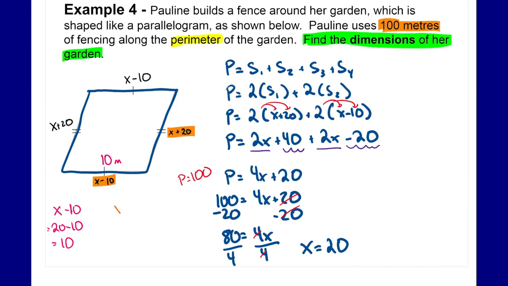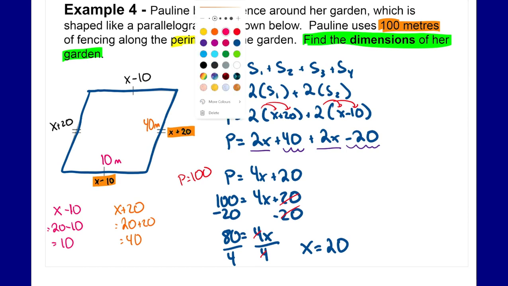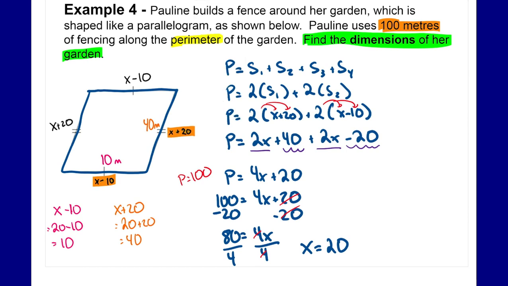My other dimension, x plus 20: instead of x, it's 20. So 20 plus 20 equals 40. So my other dimension is 40. In this case, the dimensions are 10 and 40. Now I found the dimensions of our garden. I answered the question. I'm done.